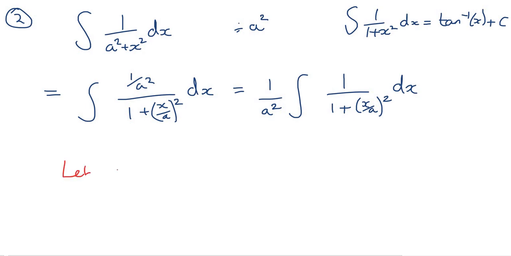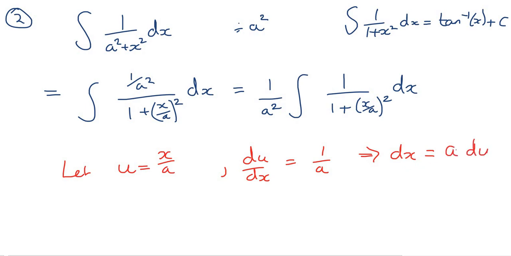So let u equals x over a. Then du by dx equals, well, the differential of x over a is just 1 over a. And so in particular, this tells us that dx equals a times du. So plugging everything in by substitution, we get, well, the 1 over a squared is still there.